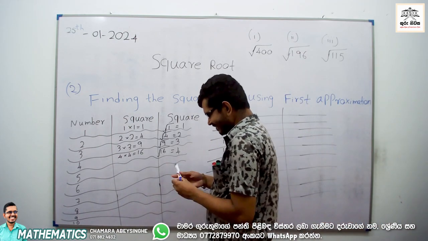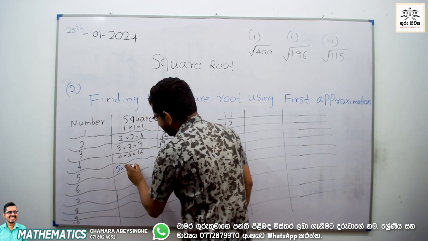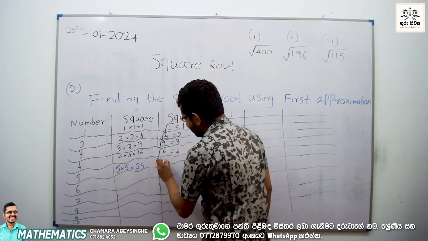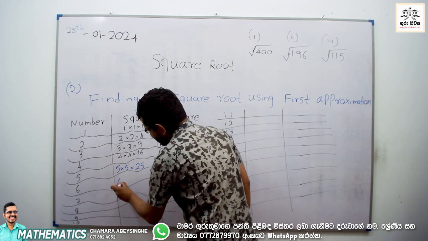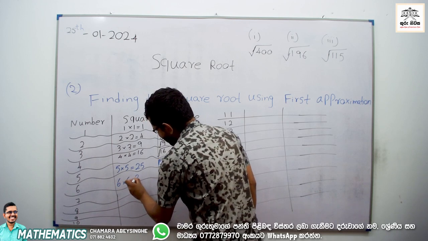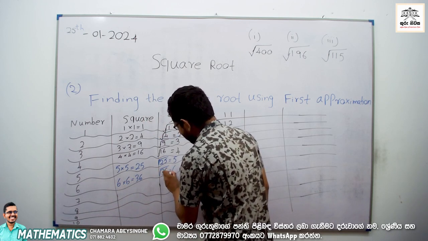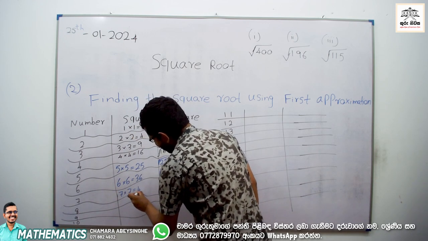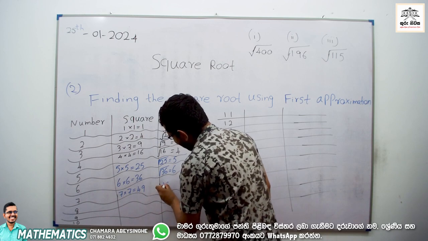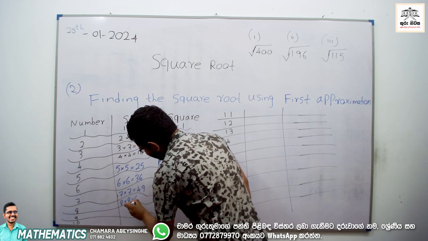5 times 5, what is the answer? 25. Square root 25 is 5. 6 times 6, 36. Square root 36 is 6. 7 times 7, 49. Square root 49 is 7. 8 times 8, 64.